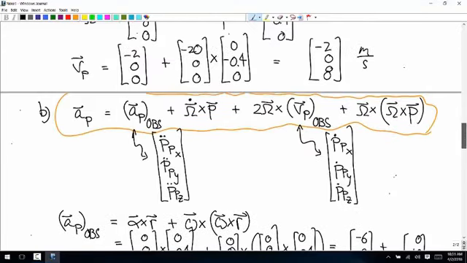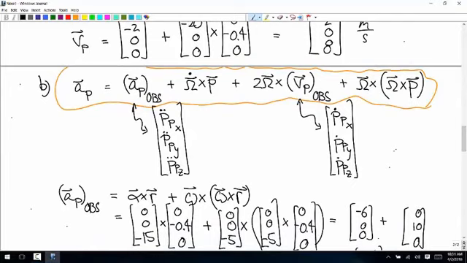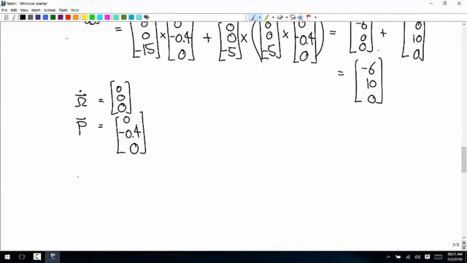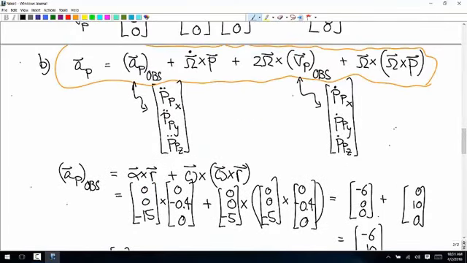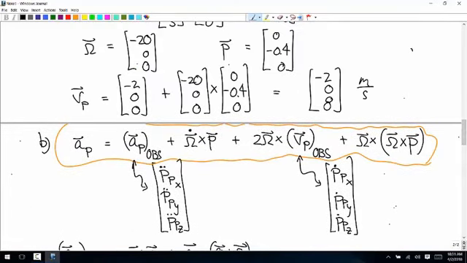What do we need next? Capital omega. What's that? Negative 20, 0, 0. And the last thing we need is the observed velocity vector. That's what we calculated before.